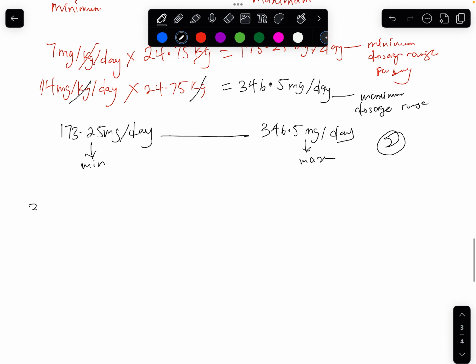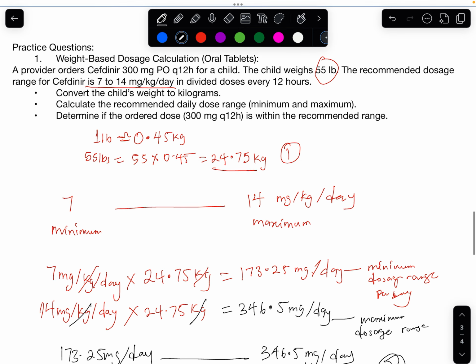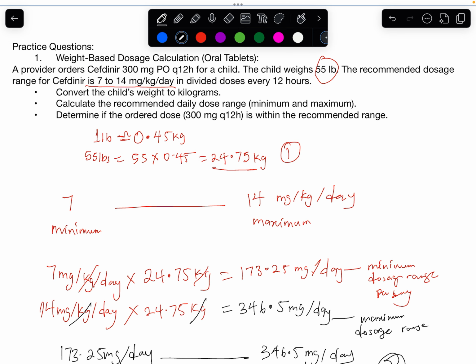Now, number 3 says determine if the ordered dose is within the recommended range. The provider ordered 300 milligram by mouth every 12 hours.